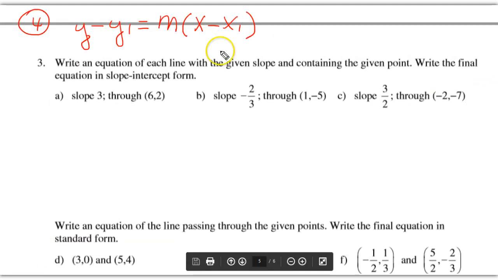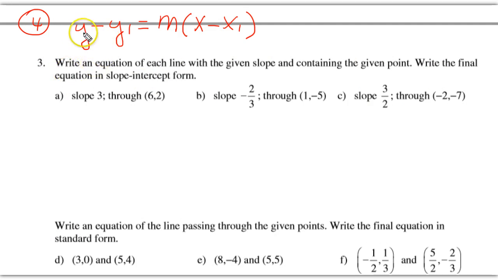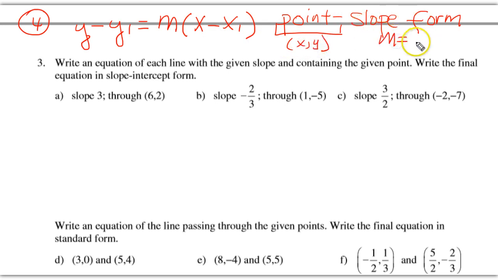Now, for these, in example 3, we're going to use the point-slope form of the linear equation in two variables where we have one point, one ordered pair, and we know the slope. So, as we see here, we have the slope, and there's one ordered pair. So we need to put this into its form.